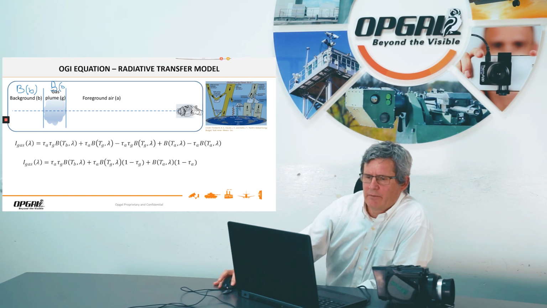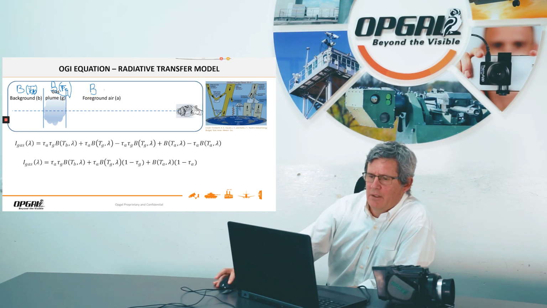I'm sorry, this is the T, the temperature of the gas, and this is the temperature of the background. This is the Planck function. I hope it's now clear. And here we have the air, we call it the foreground air atmosphere, between the gas plume and the OGI camera. And this is the spectral radiance as a function of the temperature of the air.